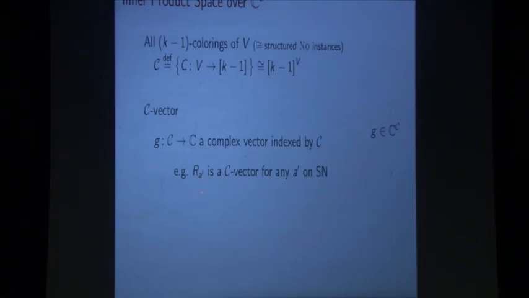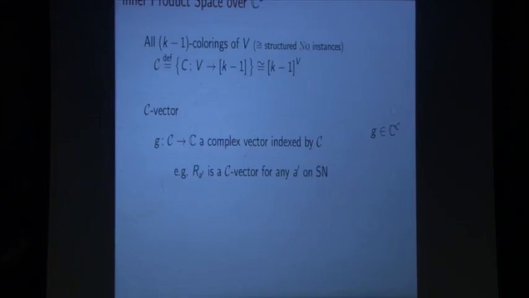If it reaches, I return yes, 1. If it doesn't reach, I return no, 0. So the reachability table can be identified with an object that, if you give me a coloring, I give you back a complex number. Actually, I will give you back 1 or 0, the truth value of whether the node instance corresponding to that coloring can reach the node A prime, for every node in the switching network. This can be identified with a vector.